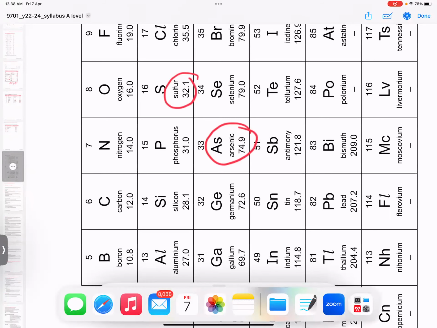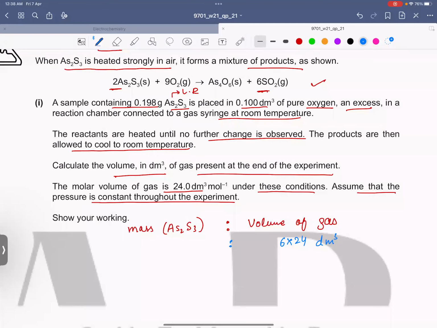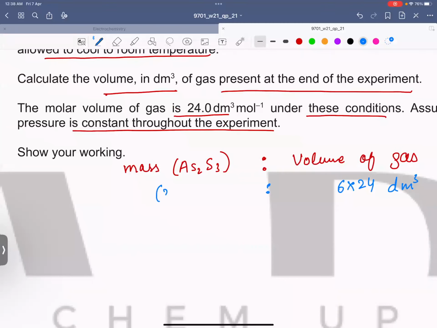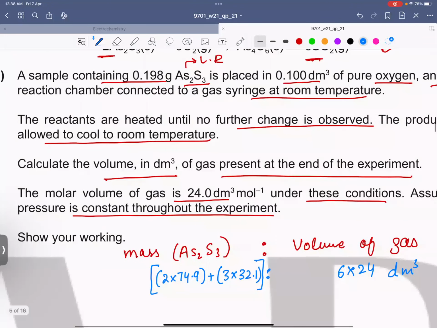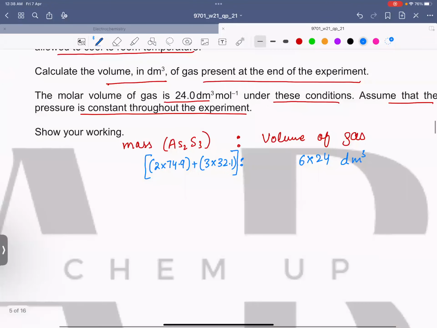So it would be 2 times 74.9 plus 3 times 32.1, and this whole thing gives me its Mr. In the equation there are 2 moles being used, so I make it times 2.